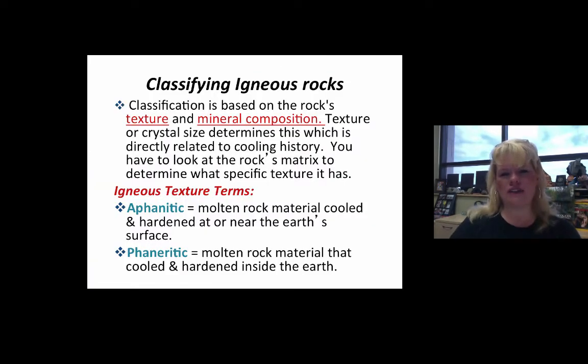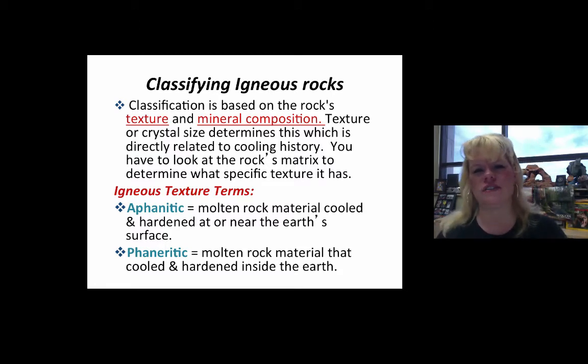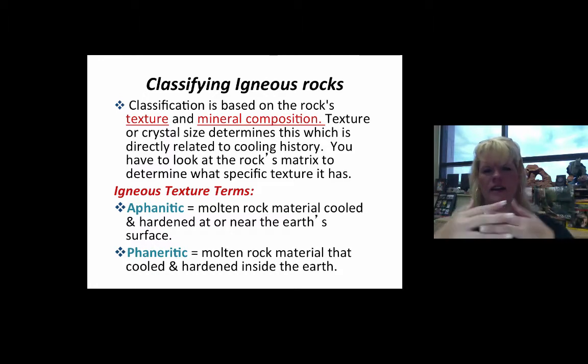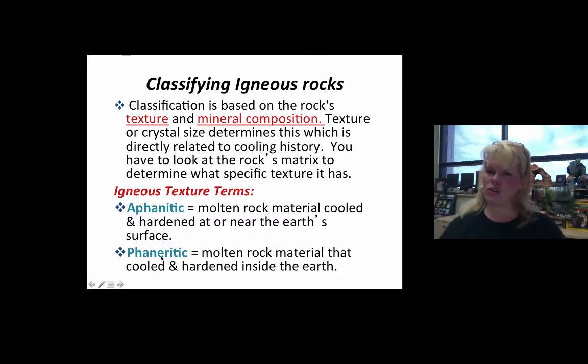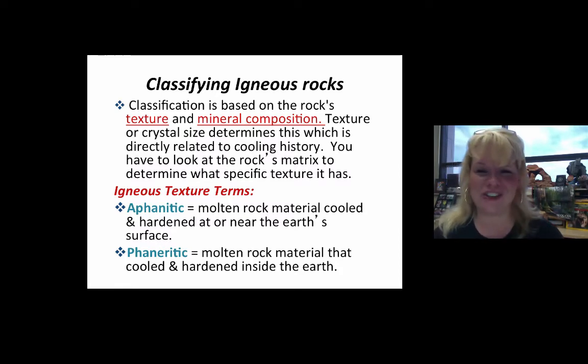All right, we classify igneous rocks based on texture, and texture is how do they look? How do the crystals look? Essentially, if they're interlocking, they have what we call a phaneritic texture. I always remember phaneritic for the P in phaneritic and the P in plutonic. So all plutonic rocks have a phaneritic texture.